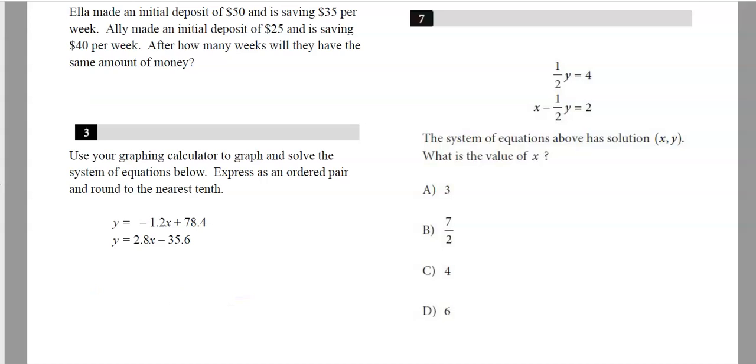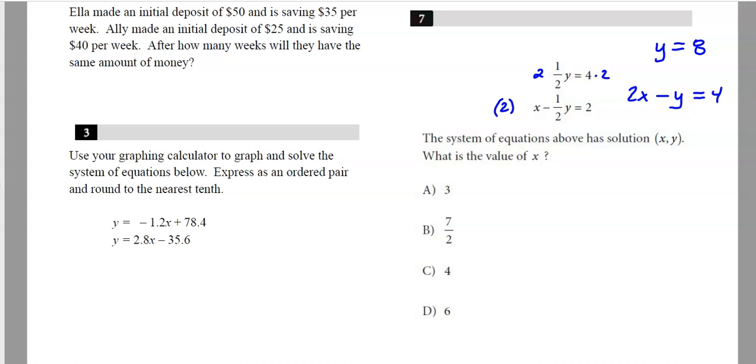So I'm going to just multiply this first equation. I'm going to multiply both sides by 2. And I get y equals 8. Now on the bottom, if I multiply everybody by 2, I'm going to get 2x minus 1y equals 4. So now I have a new system that looks way easier.